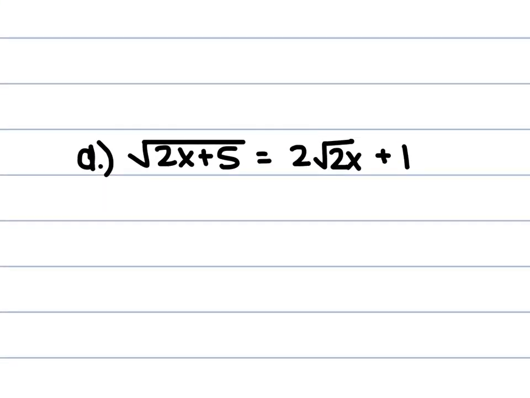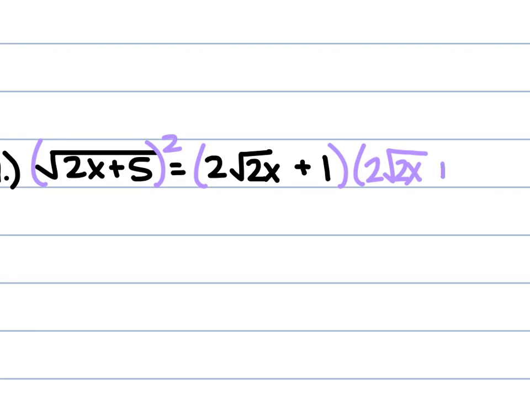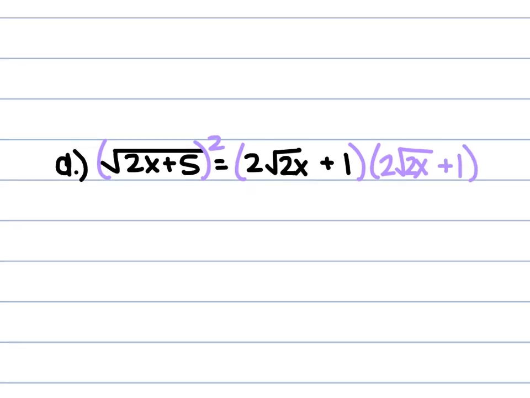For D, we have the square root of 2x plus 5 is equal to 2 times the square root of 2x plus 1. So again, we're going to square both sides here. On the right side, we're going to multiply each side by 2 square root 2x plus 1. Left side, radical cancels, so it's 2x plus 5.